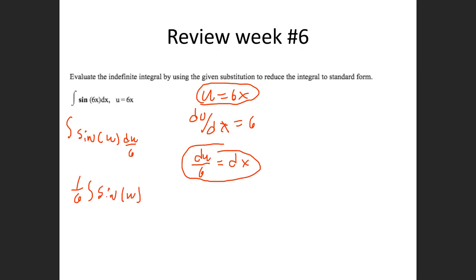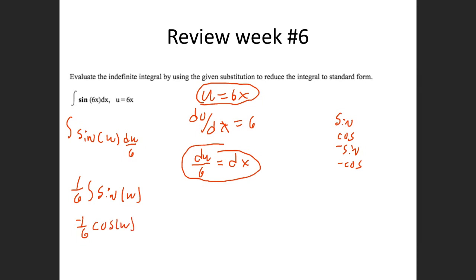Well, the integral of the sine, now remember, the derivative of sine is cosine. So the integral of sine, I always have to write this down. So sine, cosine, negative sine, negative cosine. So it's going to be negative cosine. So this is going to be 1/6, I'm going to put a negative in front, cosine of u.